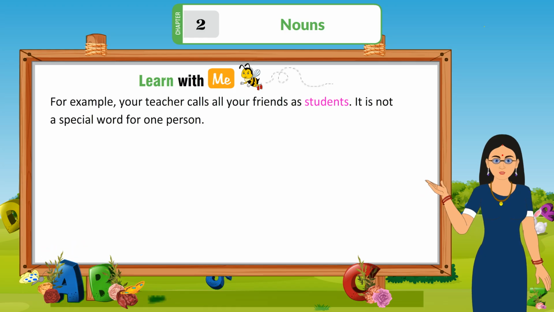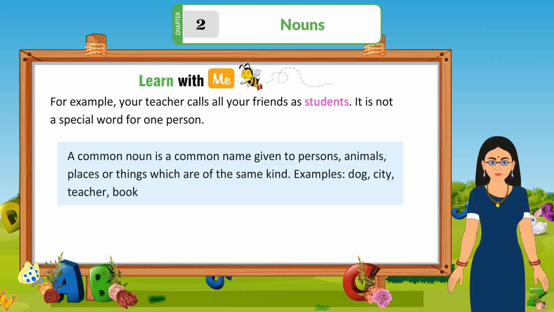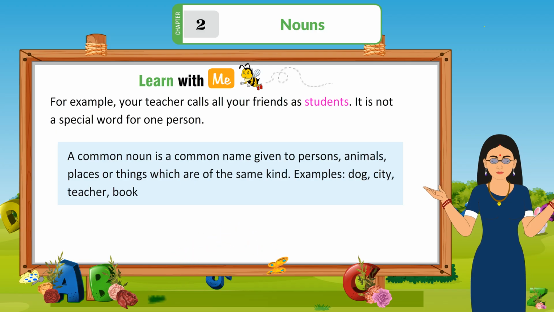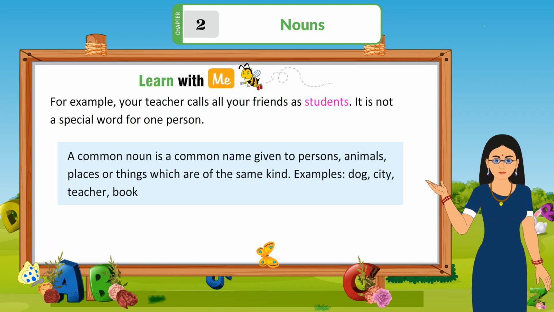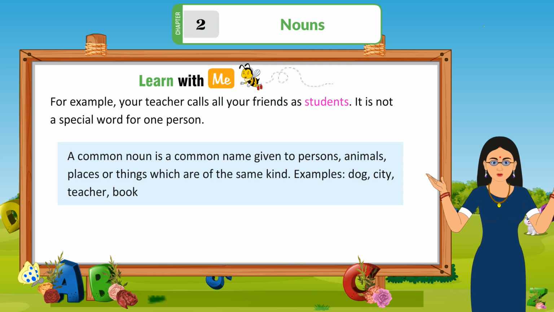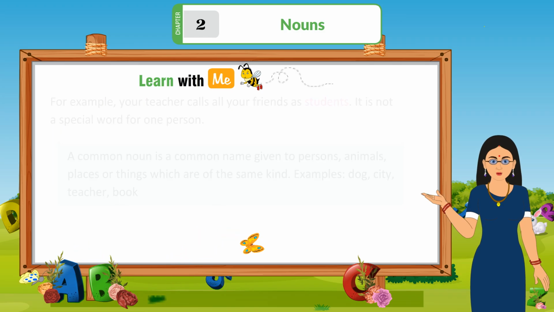It is not a special word for one person. A common noun is a common name given to persons, animals, places or things which are of the same kind. Examples: dog, city, teacher, book.